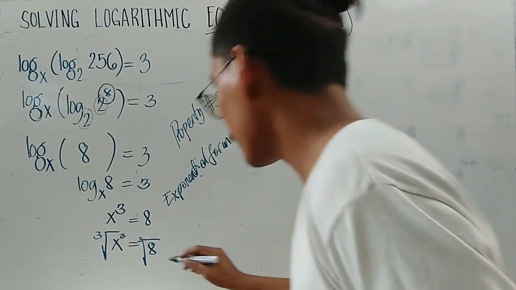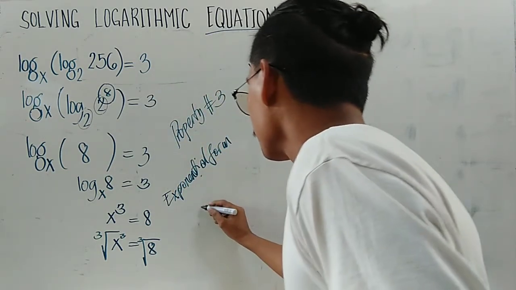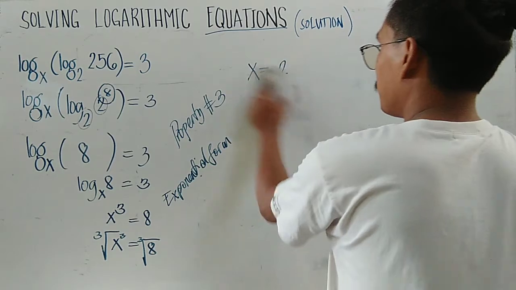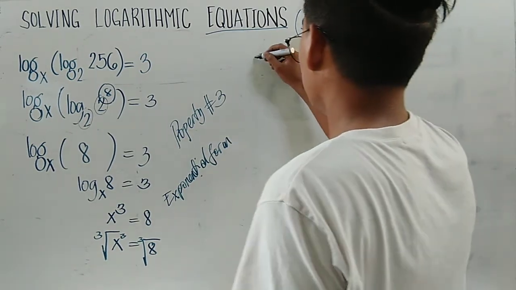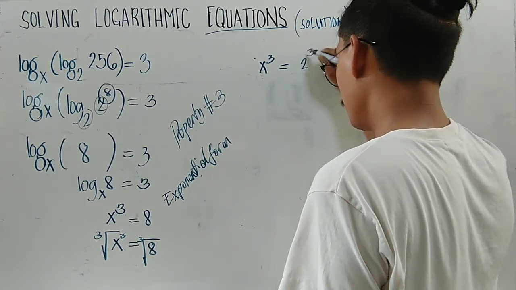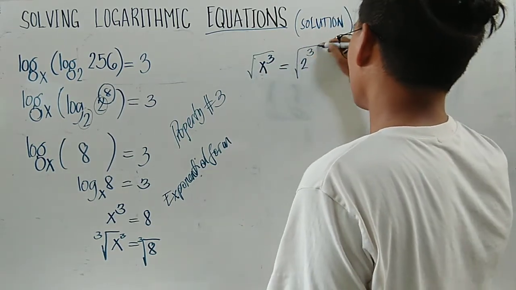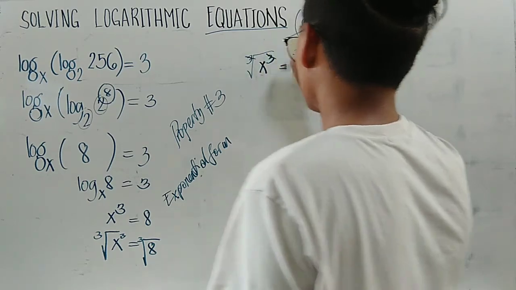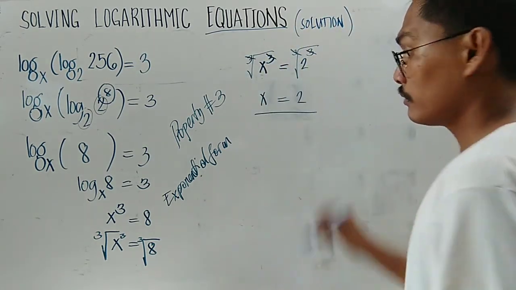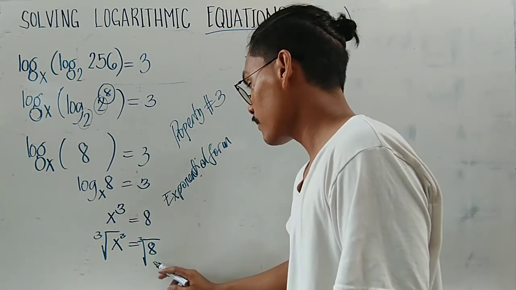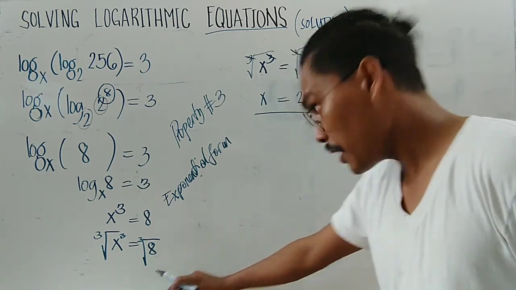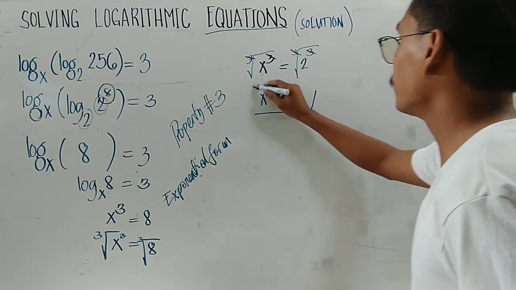Or, on the basic rules of exponents, we have x cubed equals 2 cubed. Then extracting, we have x equal to 2. Or right away, you can input on your calculator the cube root of 8, which will give you the answer of 2.